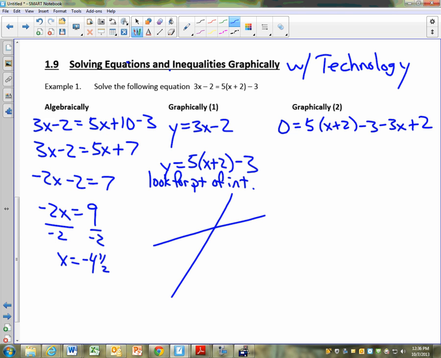So if we are looking for that equation to equal 0, then graphically speaking, we are looking where it crosses the x-axis, when y equals 0. We're solving for the what intercept? X-intercept.